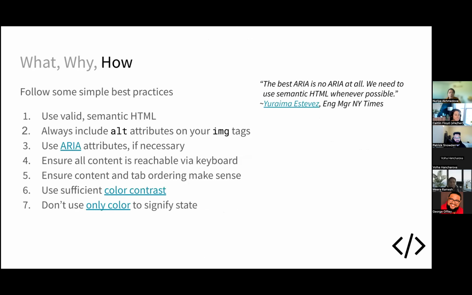All right, so what are some of the practices that you could use to ensure that the websites you build are accessible? First of all, when possible, it is very important to use semantic HTML. So semantic HTML is essentially using the tags in your HTML that are meaningful, right? Also, another way would be to include alt attributes on your image tags if they are important.